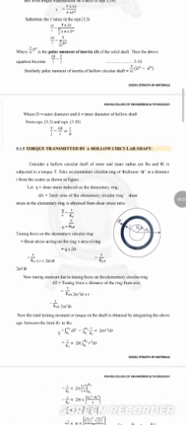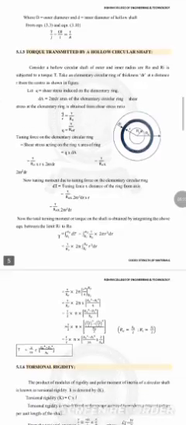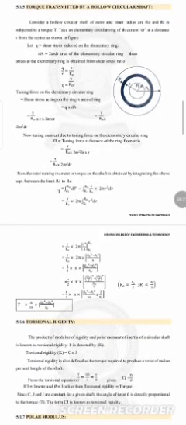Torque transmitted by the hollow circular shaft. Consider a hollow circular shaft of outer radius capital R0 and inner radius capital Ri subjected to a torque capital T. Take an elementary circular ring of thickness dr at a distance r from the center as shown in the figure. Let small q be the shear stress, and dA is equal to 2 pi r into dr. The shear stress of the elementary ring is obtained from the ratio q by r is equal to tau by R0.